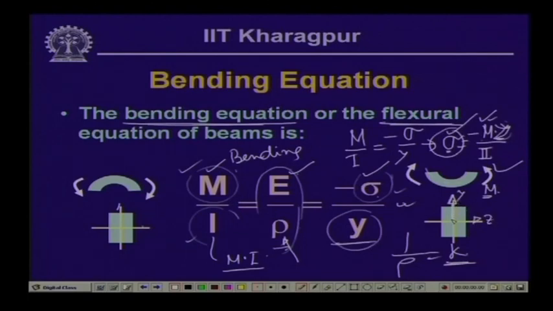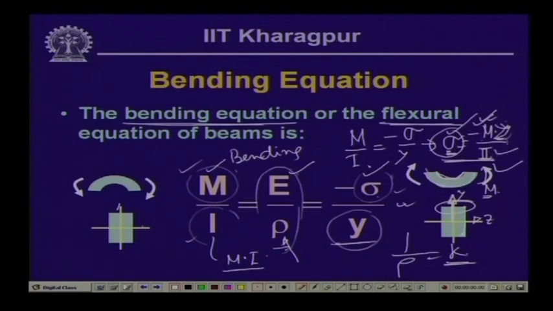So, at the extreme upward point we have a negative stress, and as you can see physically, because of this kind of bending, the top fiber undergoes compression. So, negative means compressive stress, and taking M as positive and y as negative on the bottom side, the stress becomes positive, which corresponds to the stress at the bottom fiber.